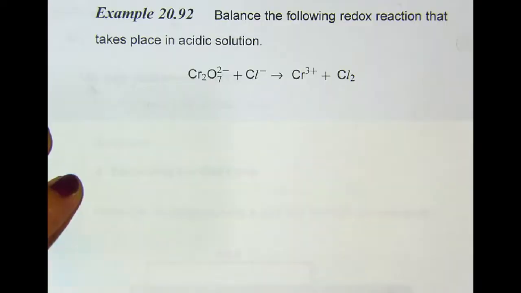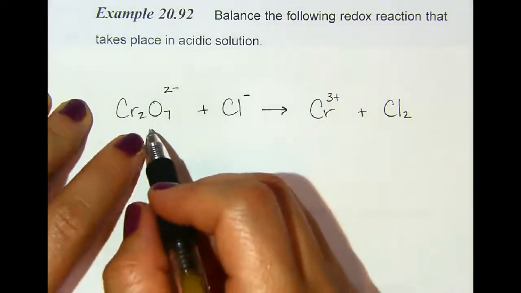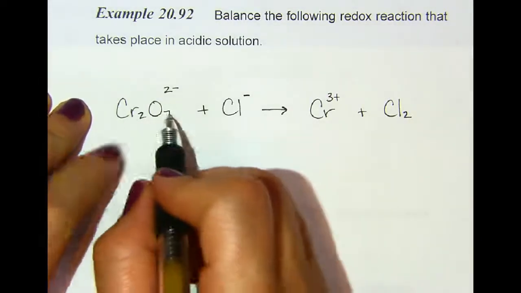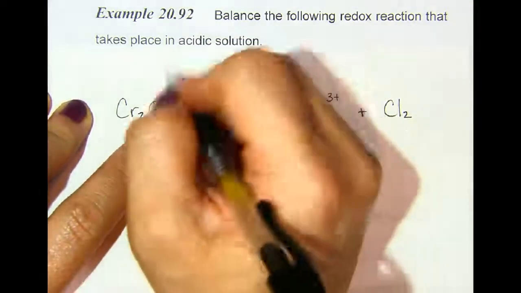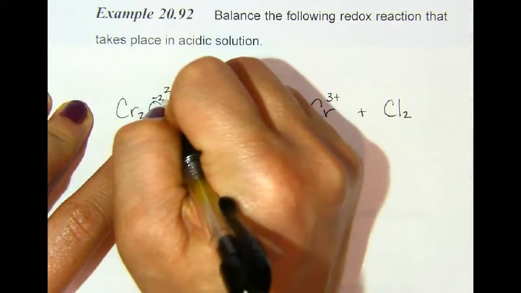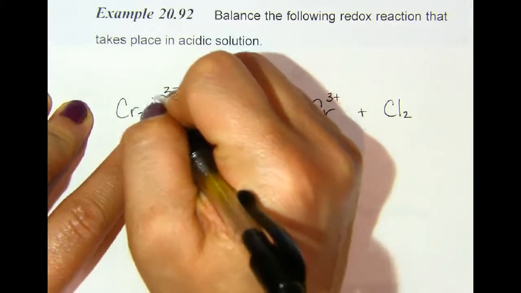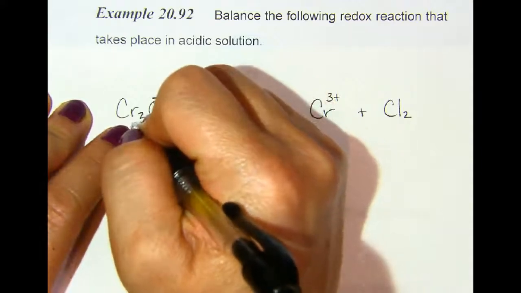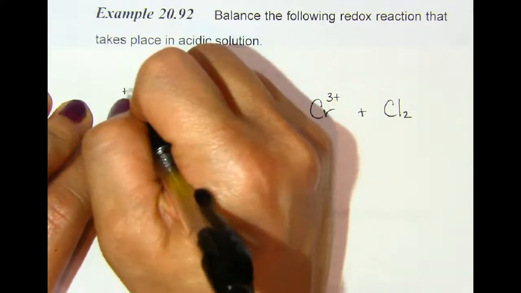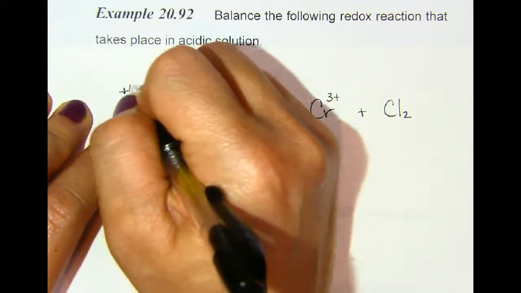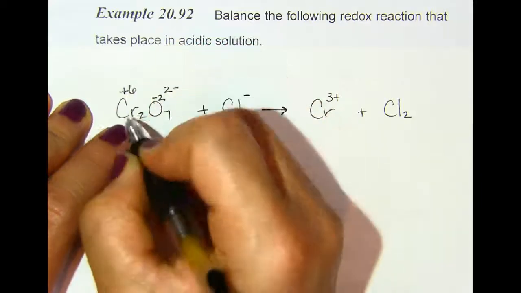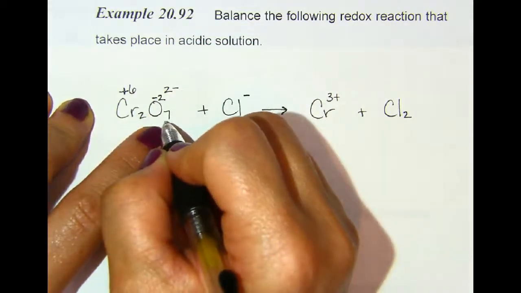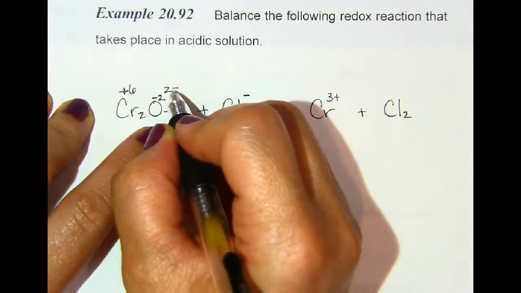So example 20.92, let's balance the following redox reaction that takes place in acidic solution. So I'll start by assigning the oxidation states. This should be an overall -2 charge total. So if each oxygen is -2, 2 times 7 is -14, which means this has to be plus 12, which makes each of these chromiums plus 6, because 6 times 2 is positive 12, and positive 12 with a -14 equals that -2 overall charge.